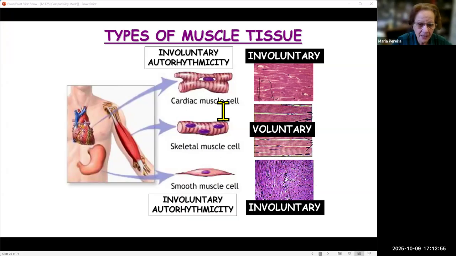A difference between skeletal muscle and cardiac muscle is the number of nuclei. Cardiac muscle has only one nucleus per fiber. Skeletal muscle can have many nuclei. And why? What is the advantage of having so many nuclei? If you think about skeletal muscle, the muscles that we are moving constantly, there's a lot of wear and tear, and so many proteins get degraded and degenerated.